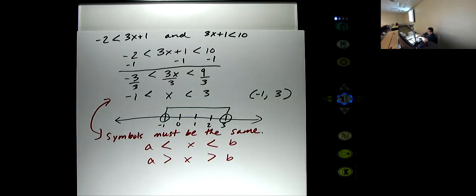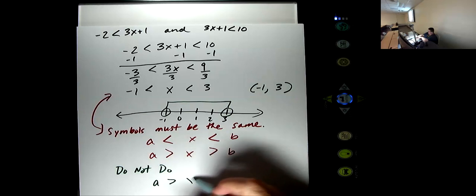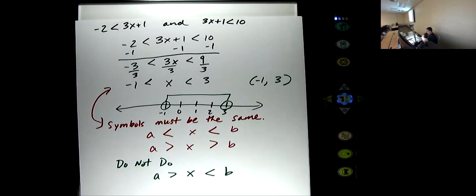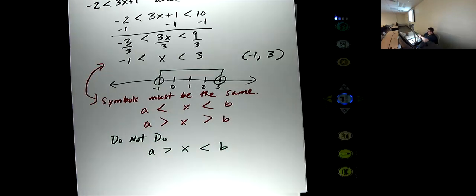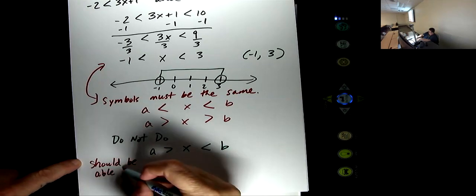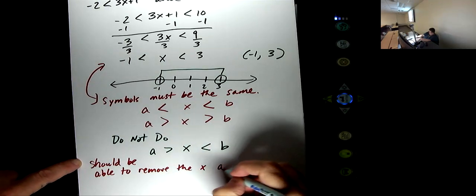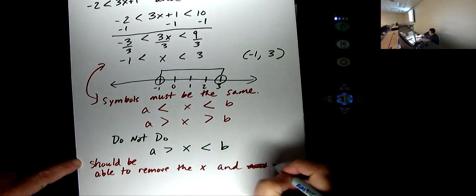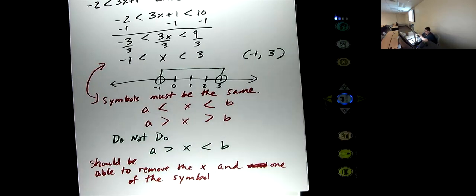Do not do A is greater than x is less than B. Because you should always be able to remove the x and one of the symbols, and it stays true.